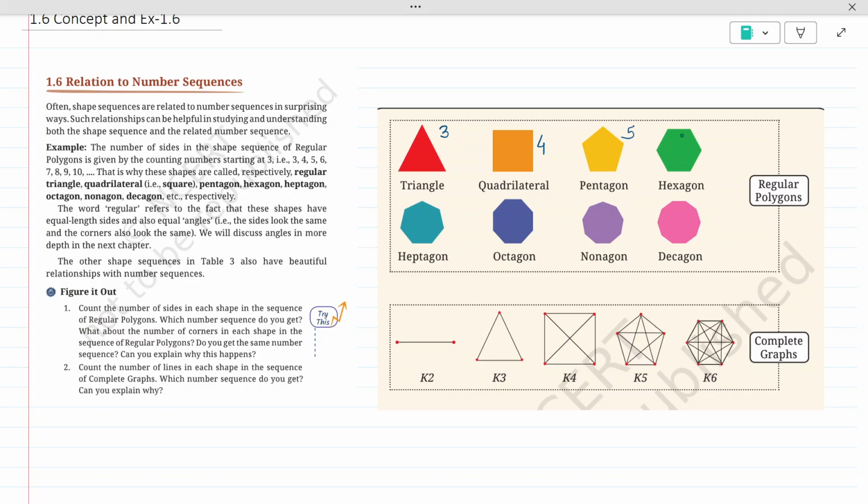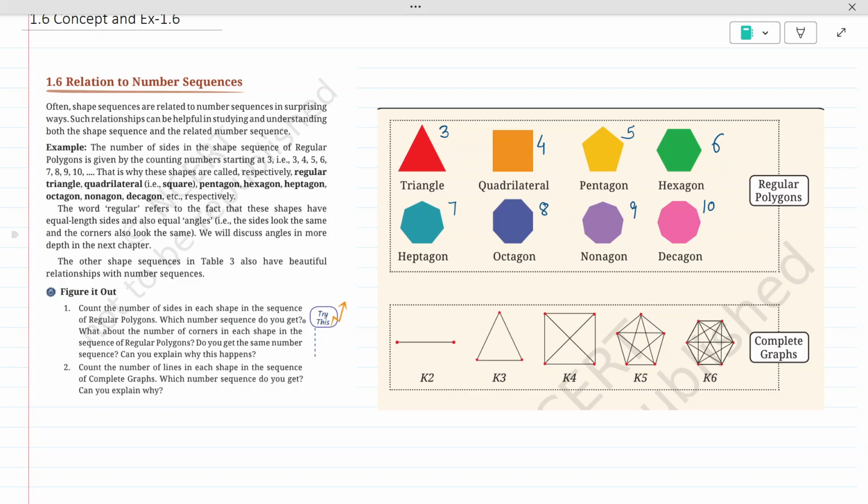Hexagon has 6 sides: 1, 2, 3, 4, 5, 6. Next is heptagon: 1, 2, 3, 4, 5, 6, 7. It has 7 sides. Octagon has 8 sides. Nonagon has 9 and decagon has 10.